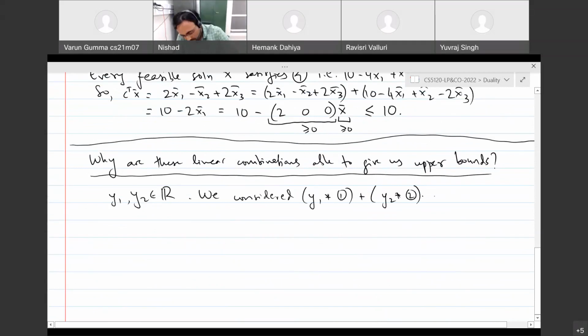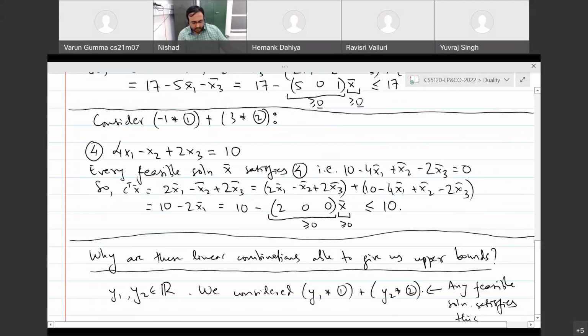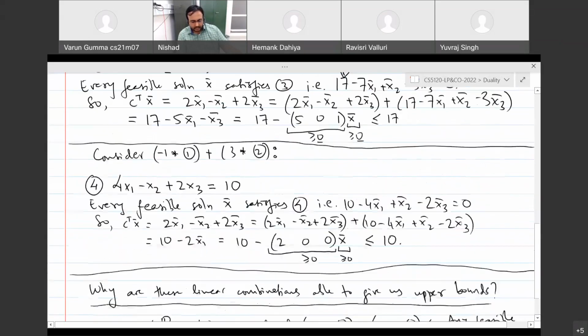And we noticed that any feasible solution satisfies this, right? In the first case, we chose -2 and 5. In the second case, we chose -1 and 3.